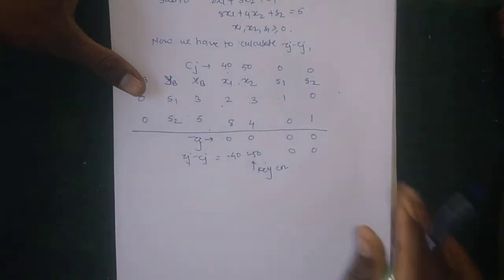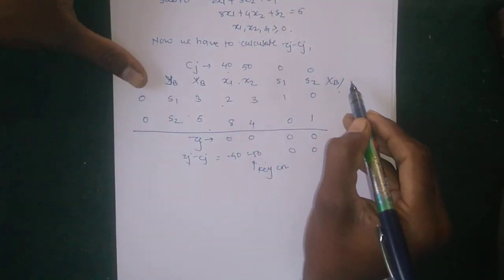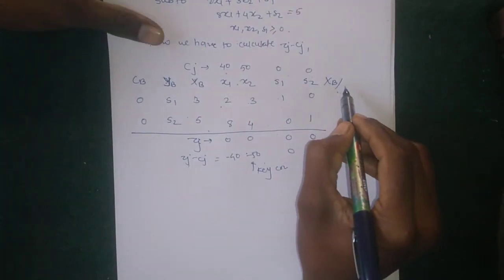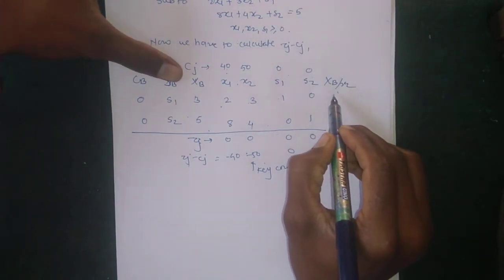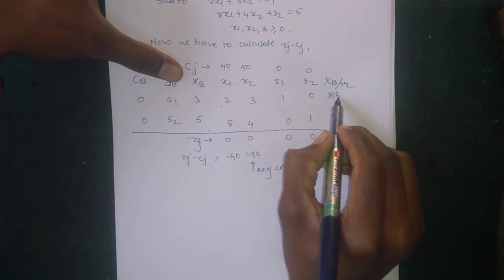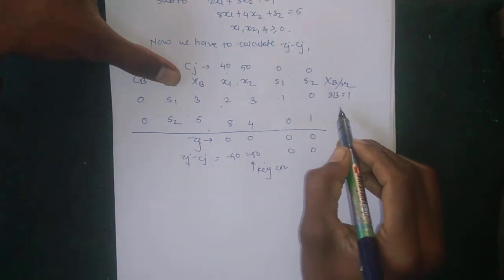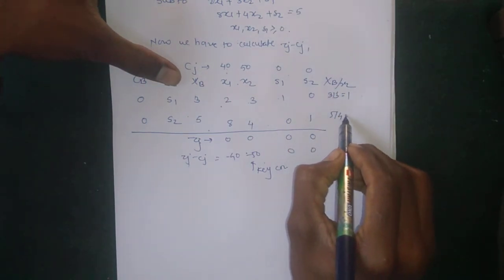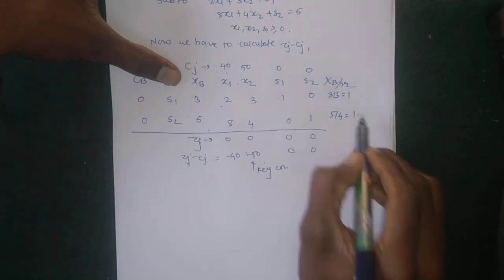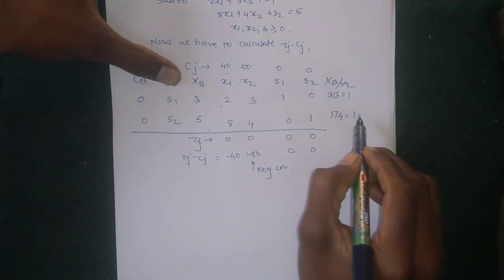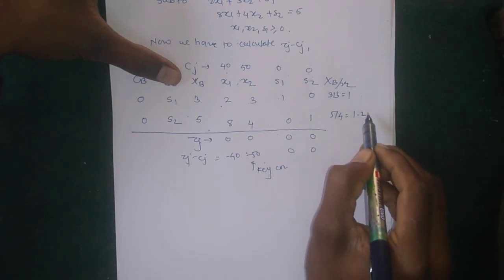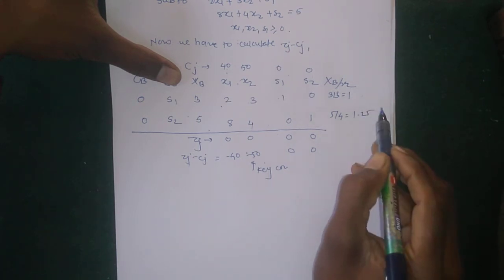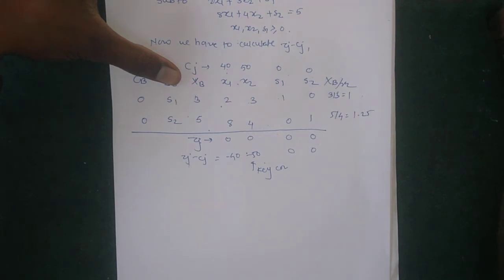Then find the ratio: xb divided by the key column, which is our x2. That is 3 divided by 3 is 1, and then 5 divided by 4 is 1.25.